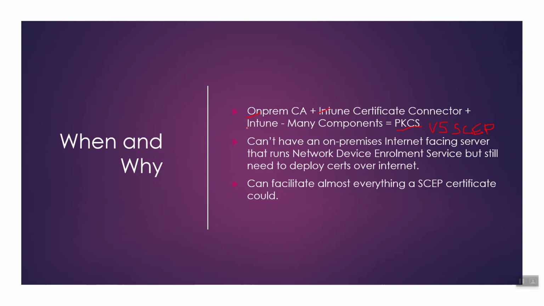We will obviously need Intune deployment, as in making a profile from the Intune Ibiza console, which we need in case of SCEP as well. And we won't be needing a lot of other components which we need in case of SCEP.